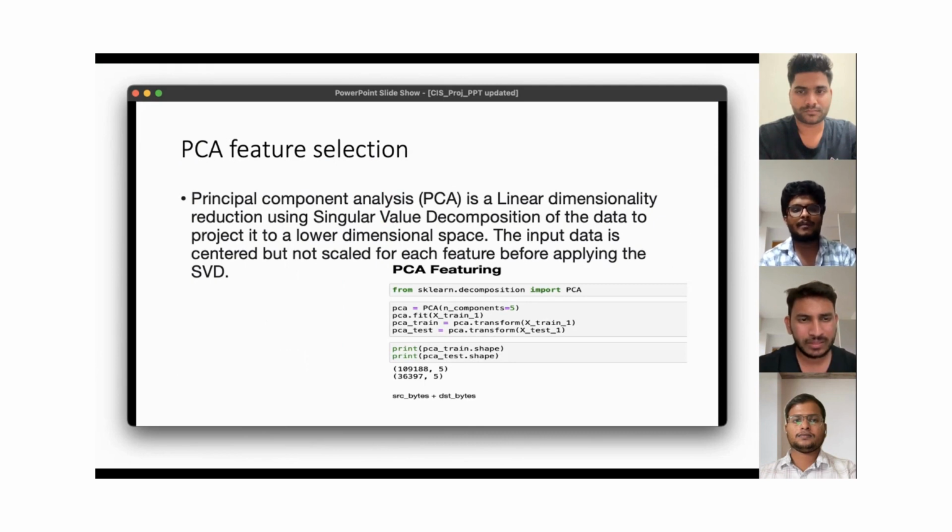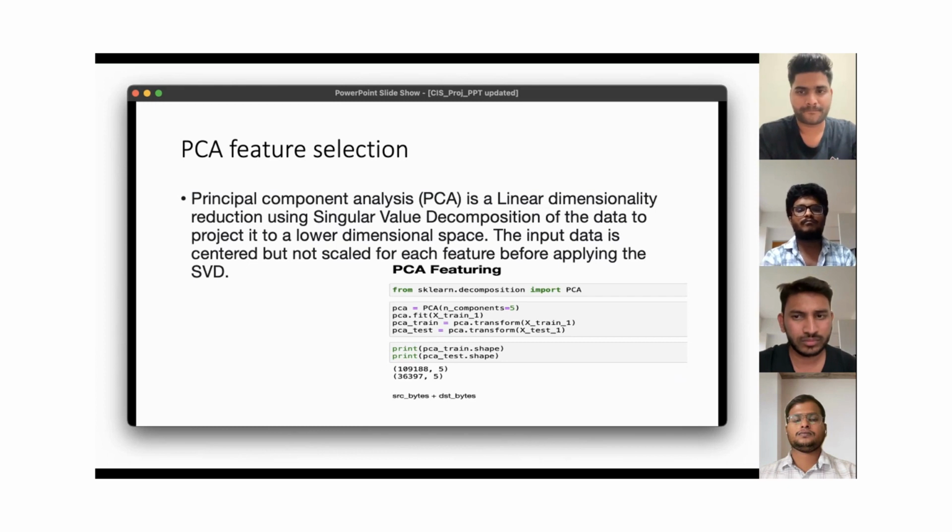Coming to PCA feature selection, principal component analysis is a dimensionality reduction method using singular value decomposition of the data to project it to a lower dimensional space. To reduce the features in our data set, we used PCA. The input data is centered but not scaled for each feature before applying the singular value decomposition.